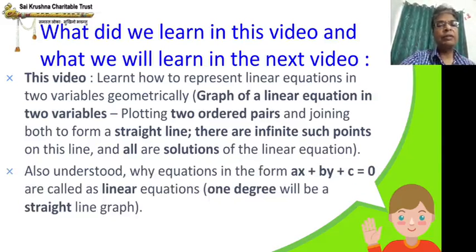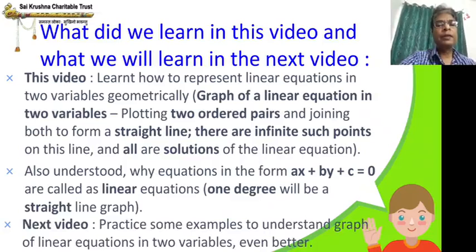That is, 1 degree will give a straight line graph. If you have not understood this part, it doesn't matter. We are going to practice some examples in the next part and see whether you are able to understand. Otherwise, come back to this part, see both the parts together a couple of times, and then you will understand this aspect of the chapter thoroughly.